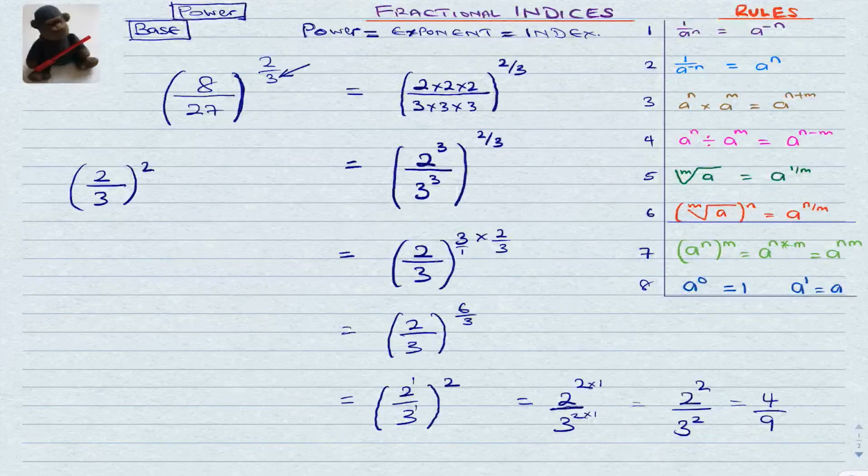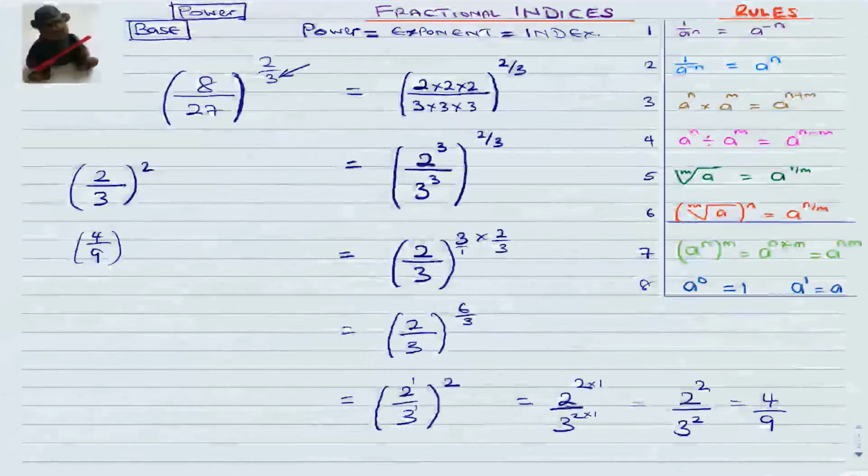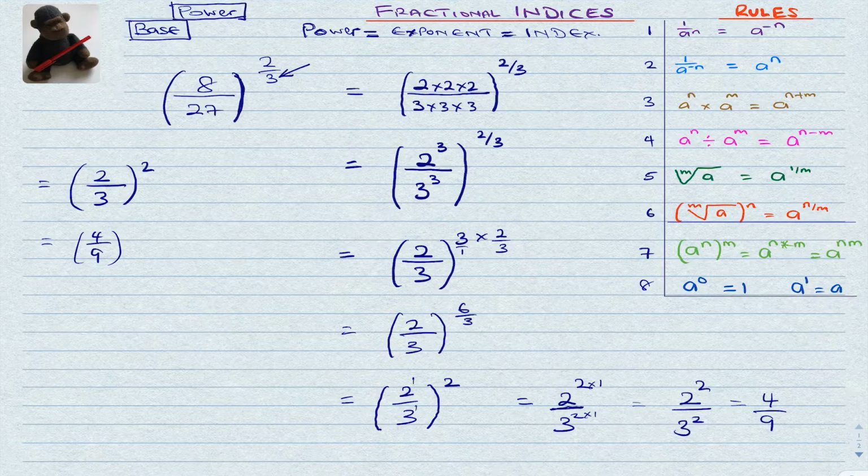And then 2 to the power of 2 is 4, and 3 to the power of 2 is 9. So that's a quick way of doing that, applying rule number 6. But showing your work, it's quite good if you can show your work so you get more marks.